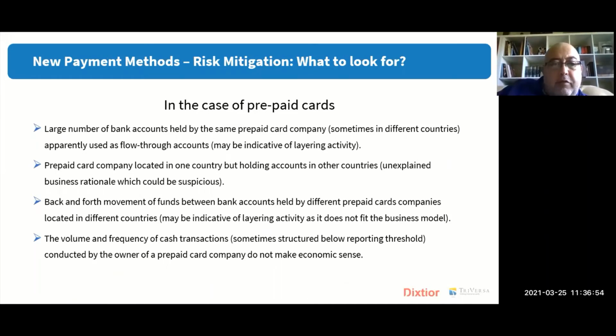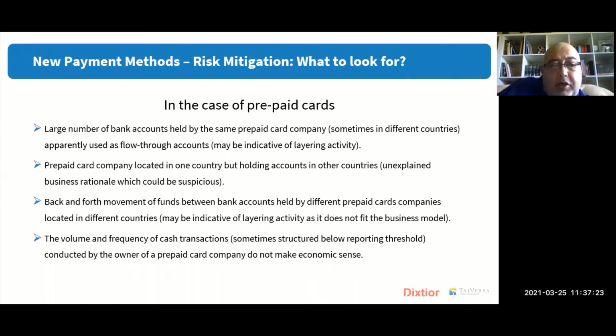If you please can move forward. Prepaid cards bring us a lot of problems because when we give a prepaid card, it's very possible that the person who will use it is not the same person who bought it. So, a large number of bank accounts held by the same prepaid card company, sometimes in different companies.